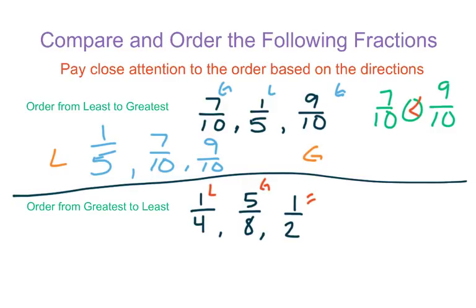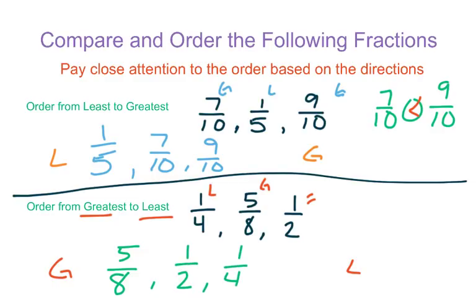I just need to rearrange them. I read my instructions and it says from greatest to least, so I'm going to put a G over here and an L over here so I make sure I put them in order. And then I have my order ready to go. I didn't have to do really any comparing. I compared them to my benchmark. So my first fraction would be 5/8, followed by the one that is equal to a half, which is 1/2, and then my 1/4. And I'm all done. That's it.